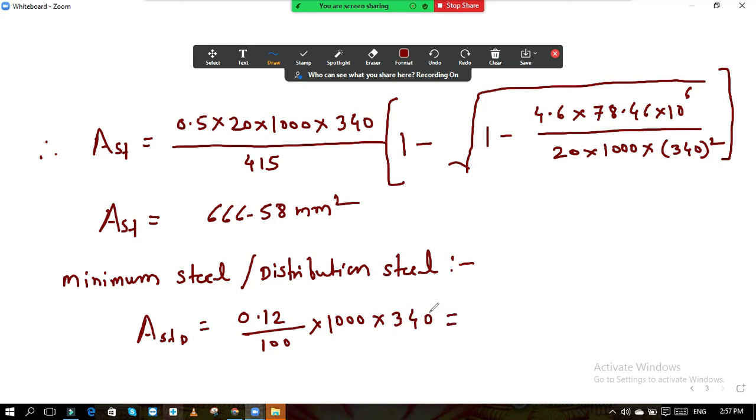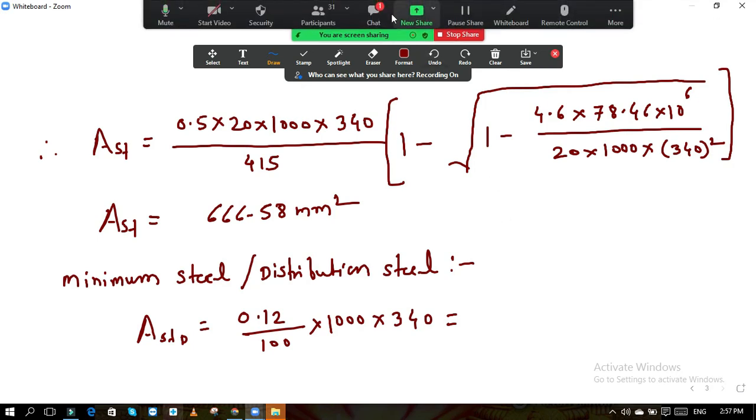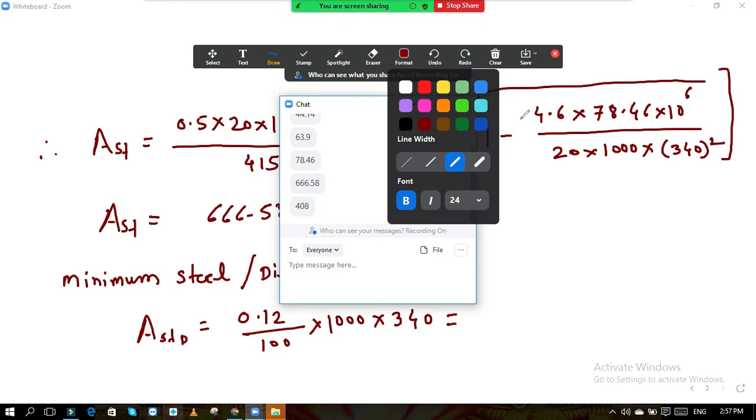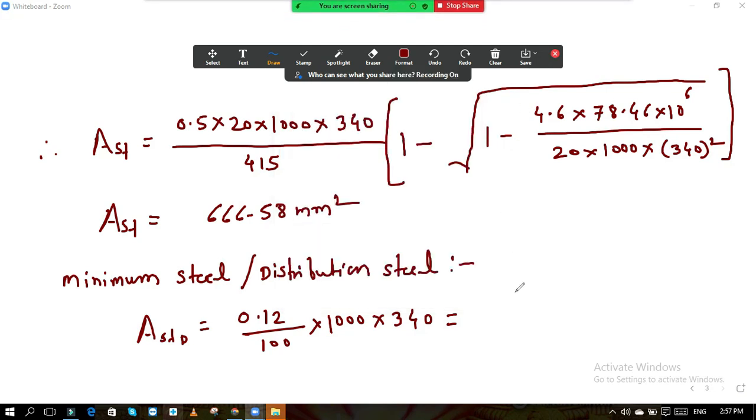What is the answer? 408. Okay, so it is 408 mm square.